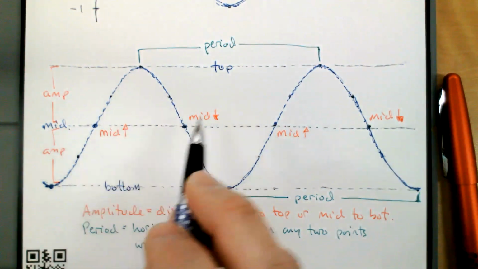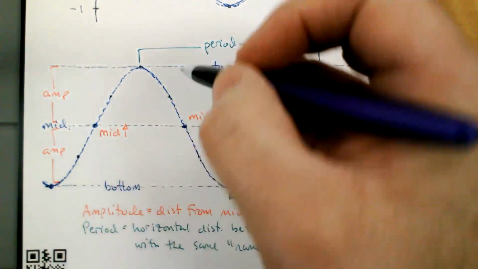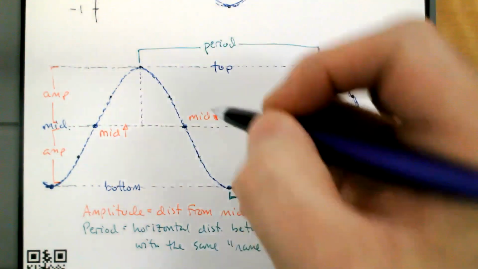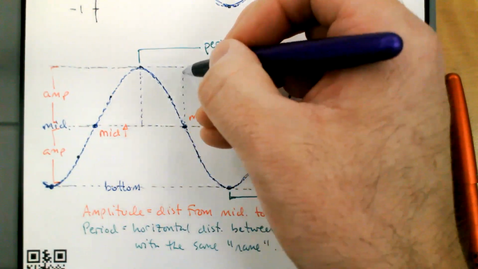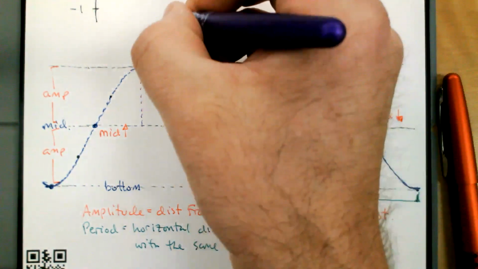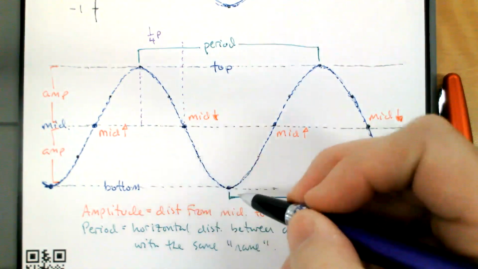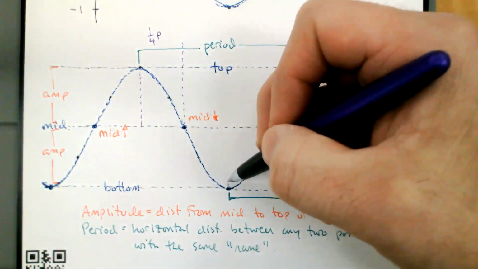So from the top down to the middle, that's 1/4 of a period. From the middle to the bottom, that's a quarter period.